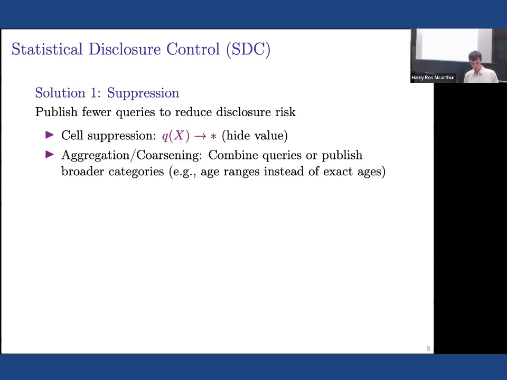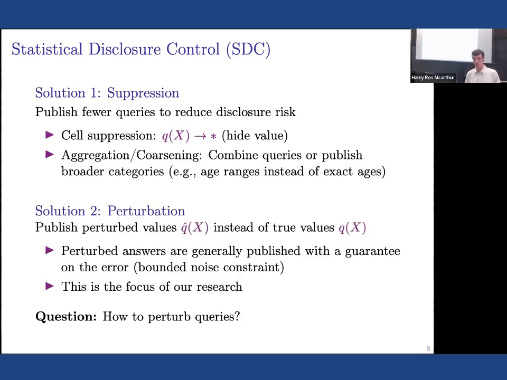The other thing you can do is still publish answers to queries, but you lie. Rather than publishing the true answer, say there are 100 smokers in Balaclava, you say there are 102. But you give some error bounds on that: the true answer is plus or minus 5.